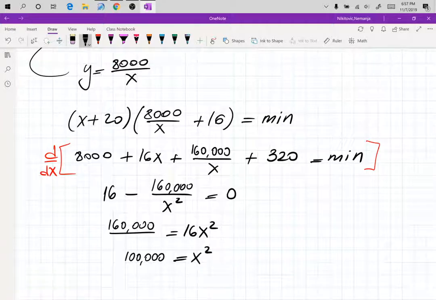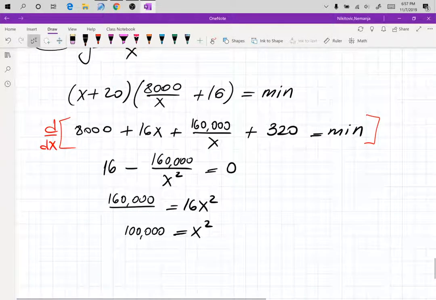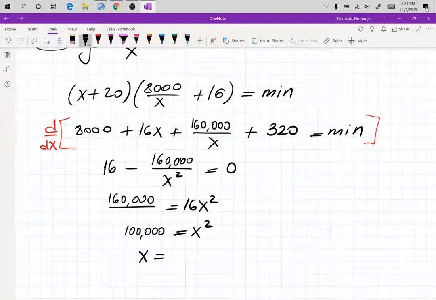10,000 equals x squared. And this is the odd number of zeros, so it's not going to be a nice square root. So we have square root of 100. That's what I'm thinking.